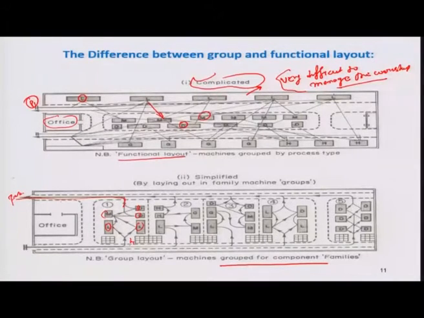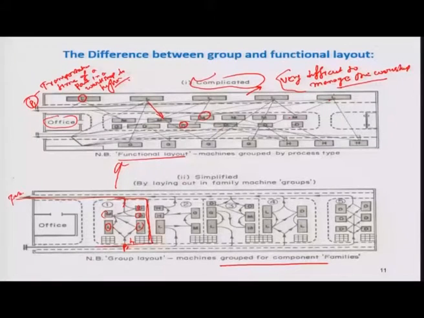It takes very little space, and one part moves over a much smaller area as compared to the functional layout. Suppose one part enters here, goes through there, then comes out there, so it moves a lot. So the transportation time of a part in a workshop is higher.